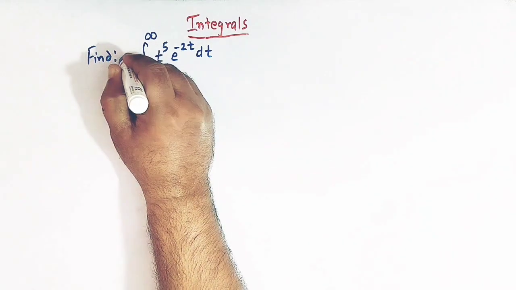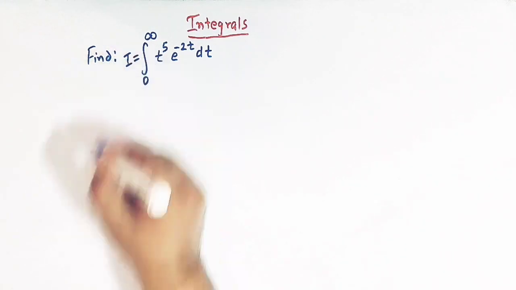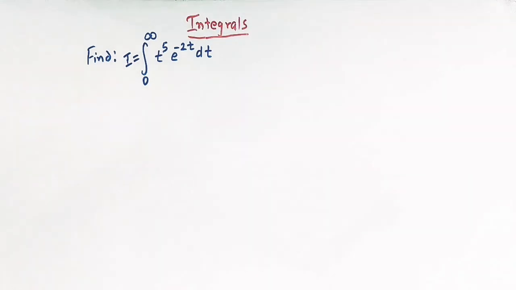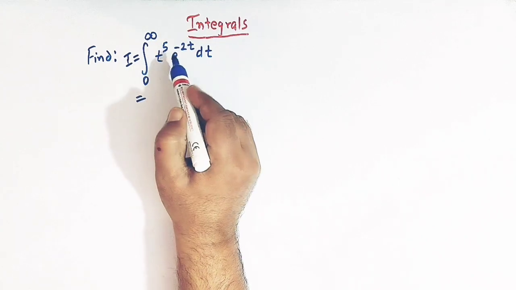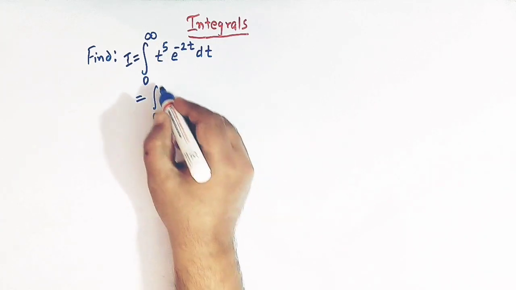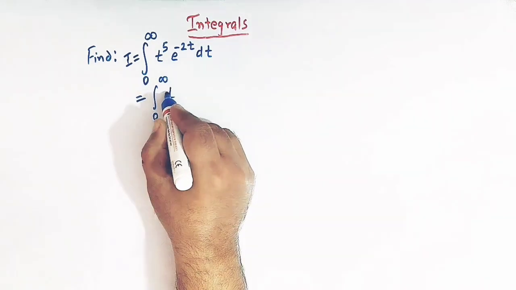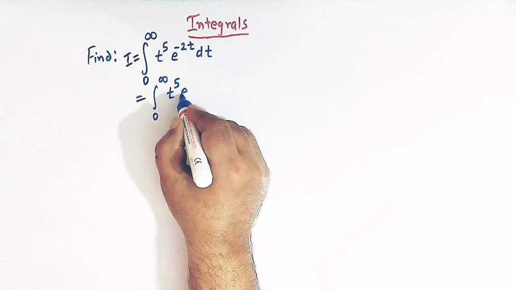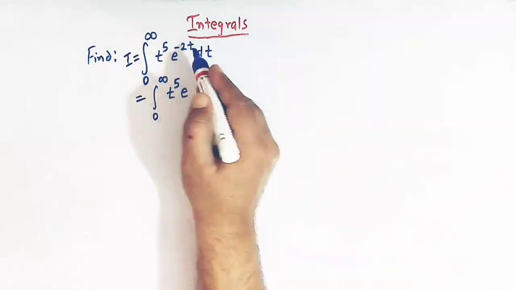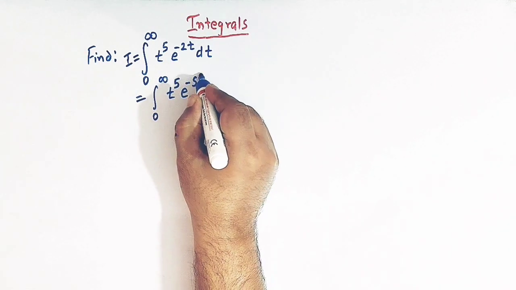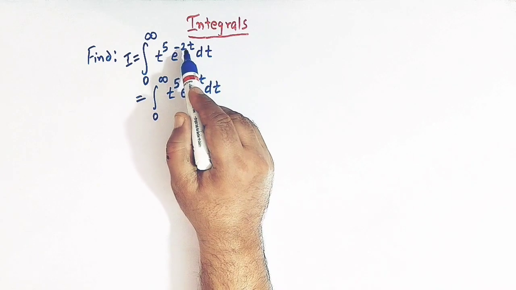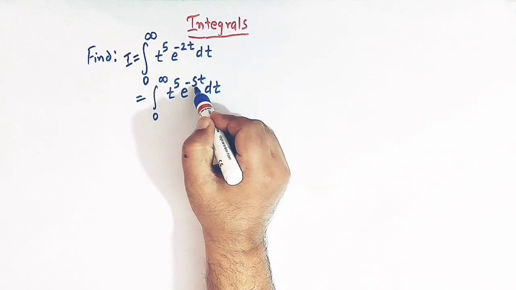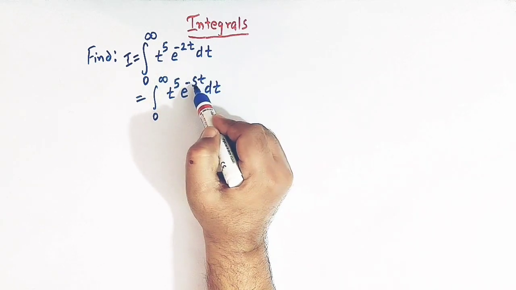So let us first take this integral as I. Now let us rewrite this integral as 0 to infinity t raised to 5, and let us take here e raised to minus st. Here what we have done is replaced this 2 by s.